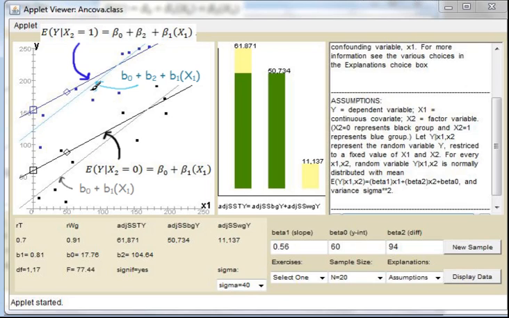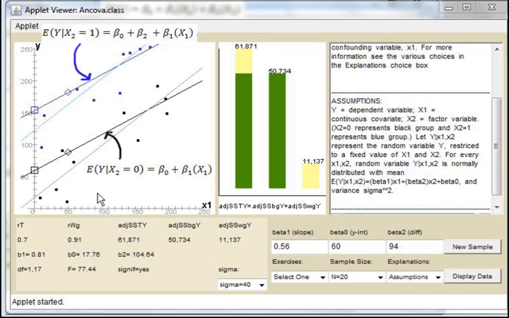Similarly for x2 equals 1, we have an approximation right here, given by this equation, b0 plus b2 plus b1 times x1. It is instructive to view entities representing both parameters and sample estimates in one visualization.